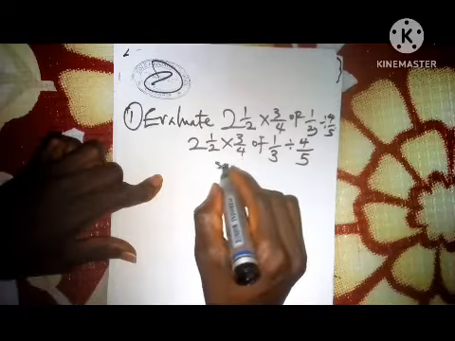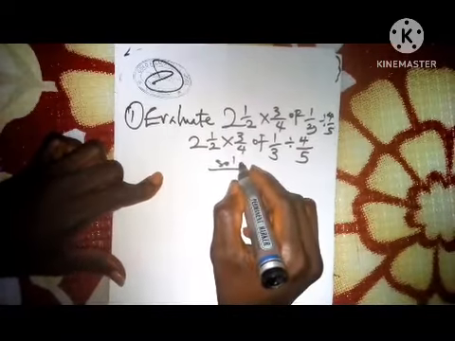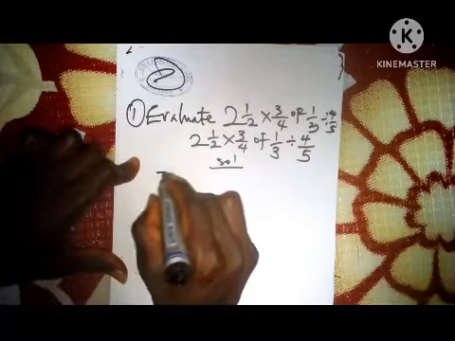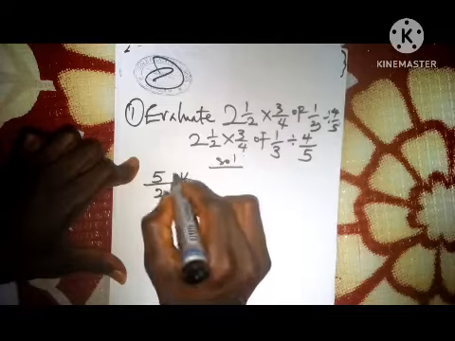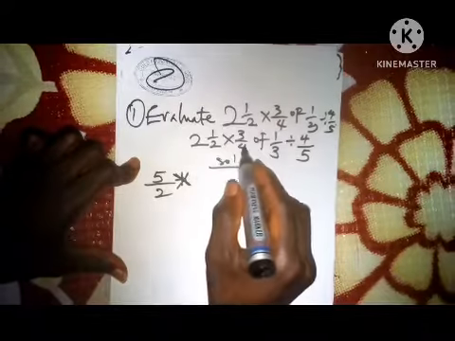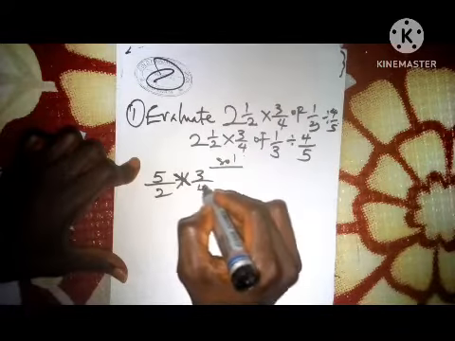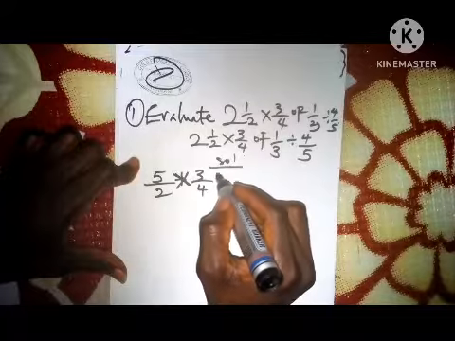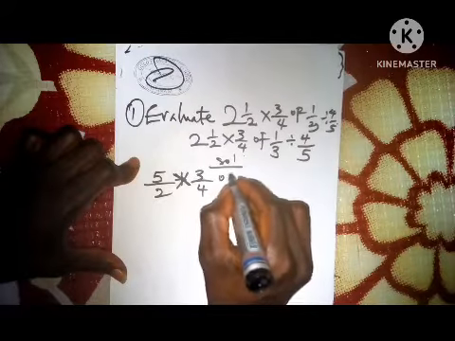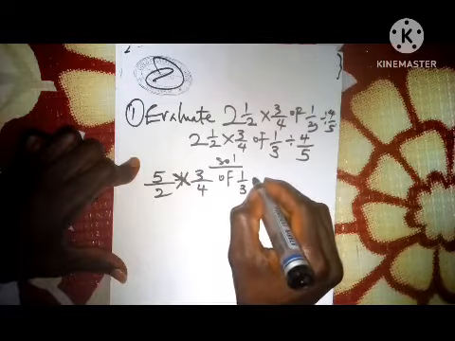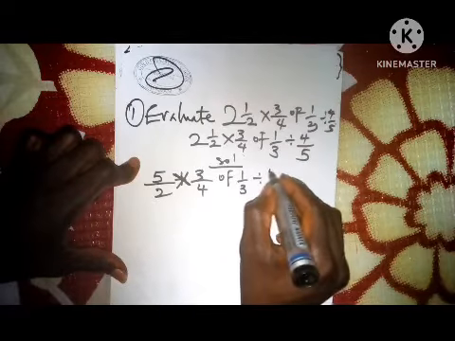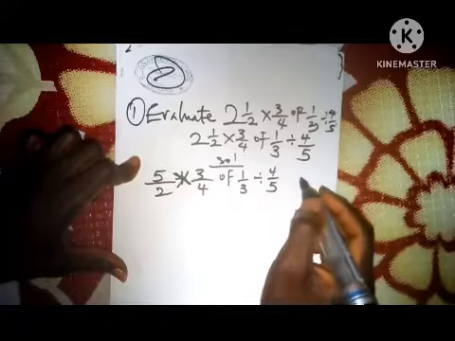So solution here now, what do we do? All right, we have 5. Converting this, we have 5 over 2 times 3 over 4. This one you change it to what? To times, or let's leave it as of first. Now we have 1 over 3 divided by 4 over 5.